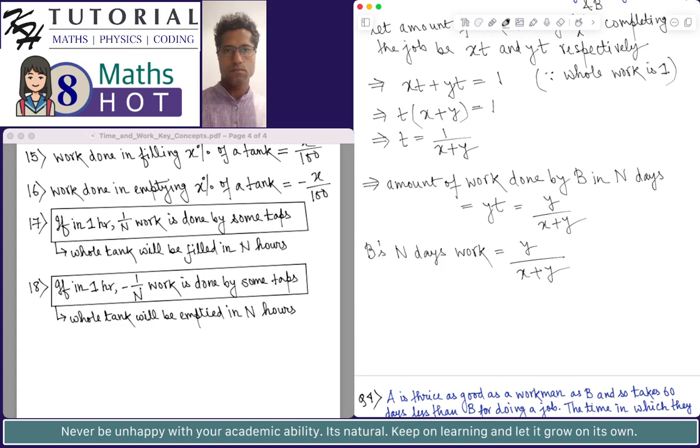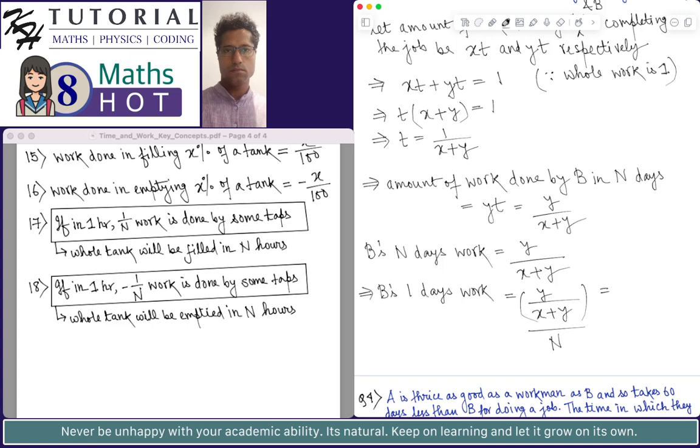This implies B's 1 day's work, using the simple basic unitary method, will be whatever the work done in n days divided by n.